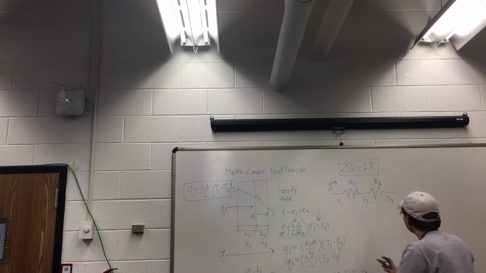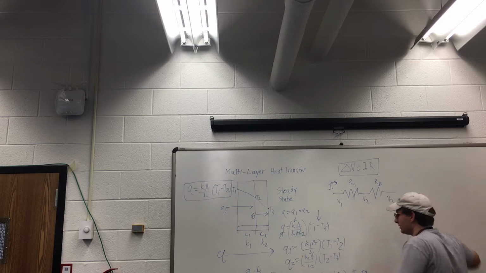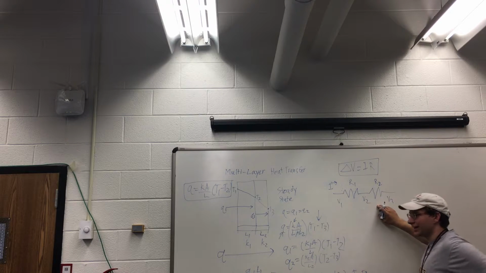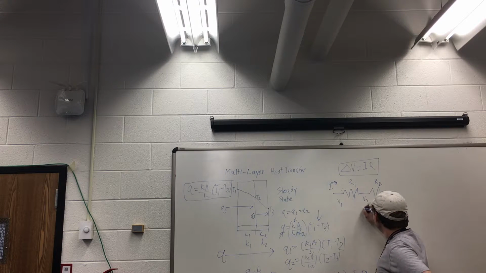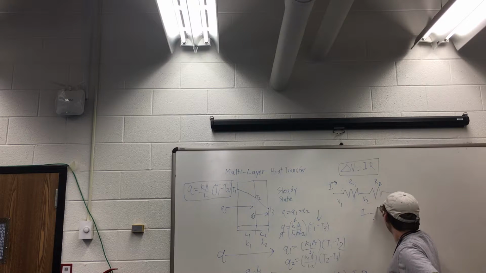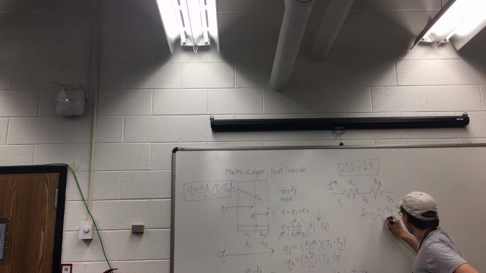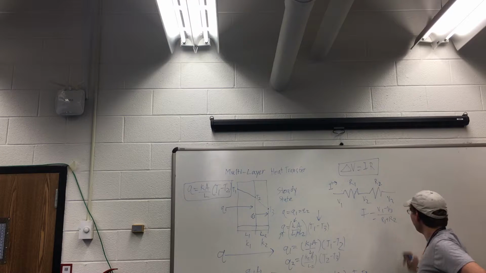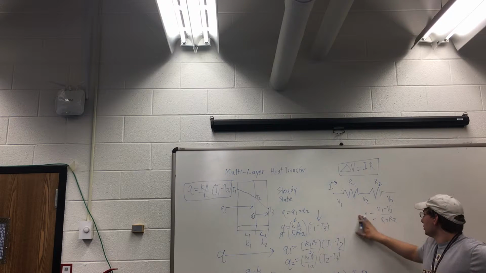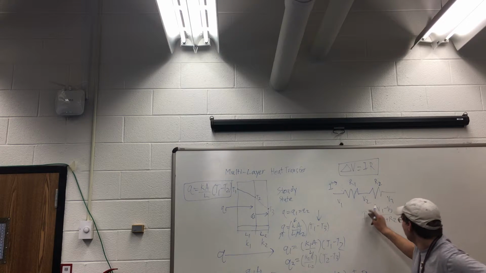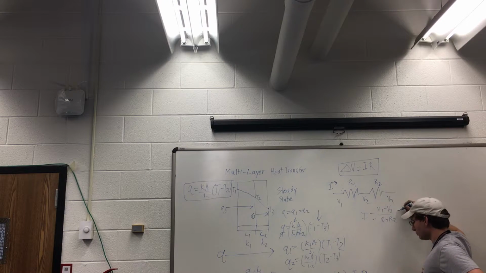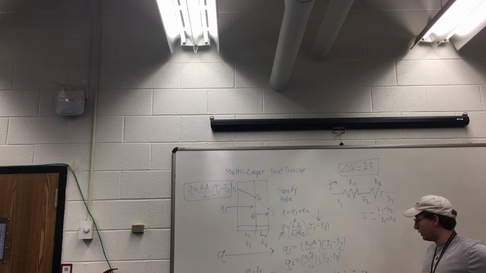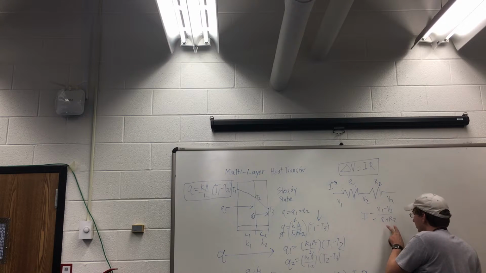Which, if we take a step back to this, I'm going to refer to this a lot actually. It's quite useful. If you think about it, it's like saying, okay, I is equal to V1 minus V3 divided by R1 plus R2, right? A current, which is just something that's flowing through the material, is equal to a voltage drop, in this case it's a temperature drop, divided by the resistances.